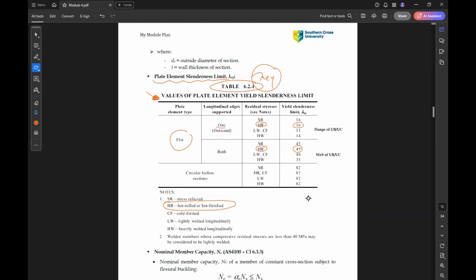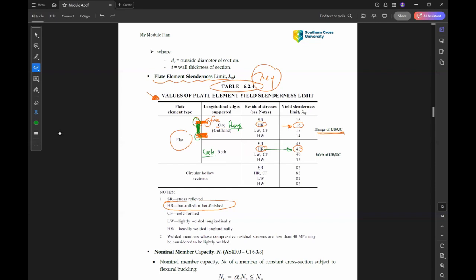For example, if we have a C section, the flanges are supported only from one end and the other one is free. So for the flange, we have HR equal to 16. The web is supported from the two ends. So this is for webs, this for flanges. For the web, lambda EY is 45.